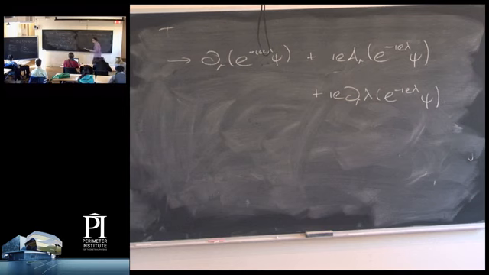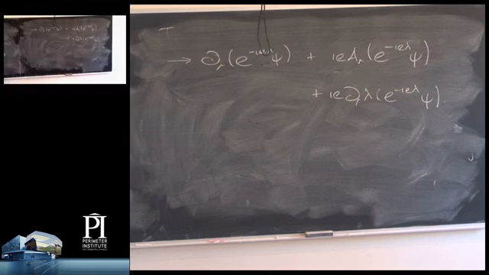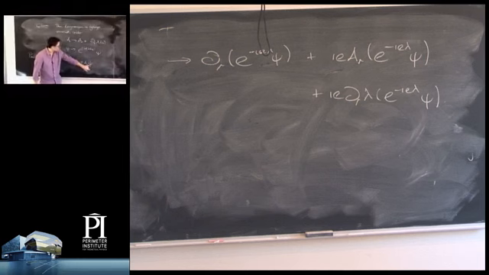Okay, so you get three terms. The first term is from psi transforming in this way. The second term is from psi transforming in this equation. And the third term is from a mu transforming in this equation.